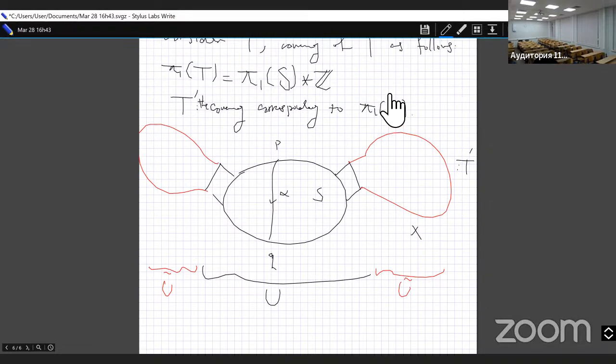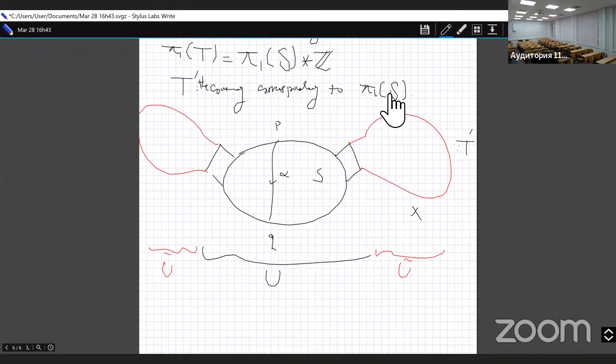Okay. So the middle part. The middle part is U. It maps identically to U. Okay. Now one of the red parts, let's say the right one. It's the universal cover of U. So this universal cover of U maps where?